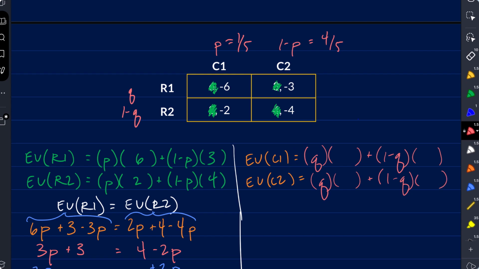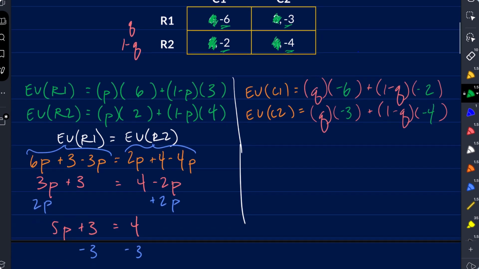Okay, so for C1, we have -6 and -2. And for C2, we have -3, -4.